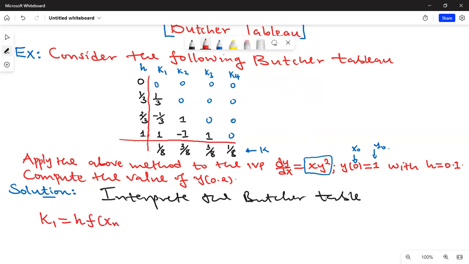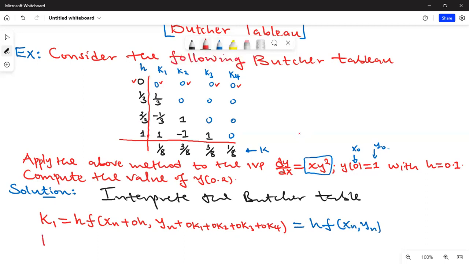Now to the xn you need to add 0 times h, so we add 0h, comma, then we have yn, plus 0 k1 plus 0 k2 plus 0 k3 plus 0 k4. If I simplify this, I get h f(xn, yn).